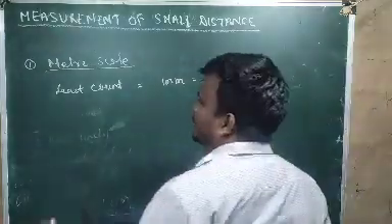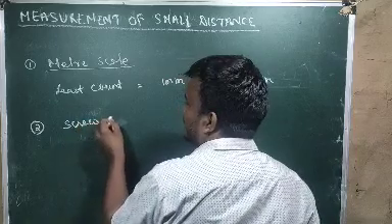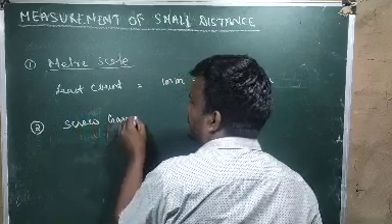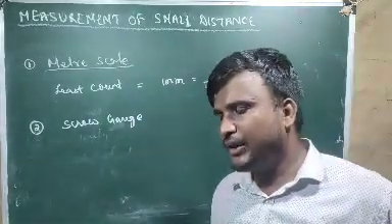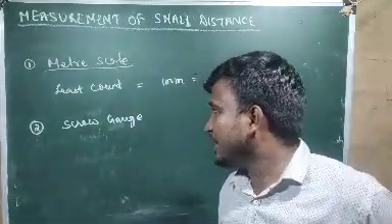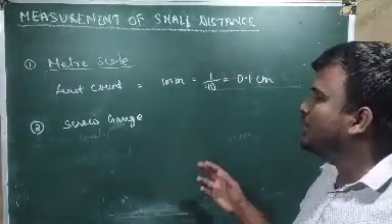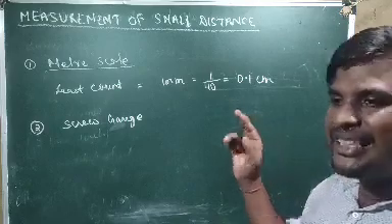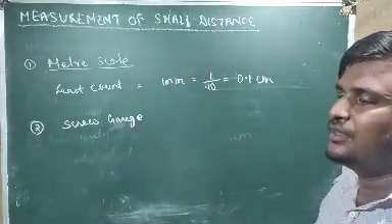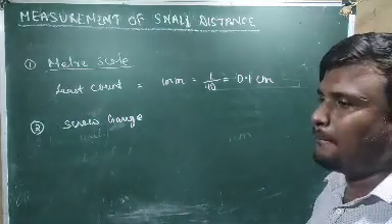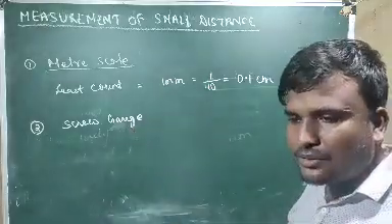Which instrument will you use? You will use either a screw gauge or a vernier caliper. If 1 millimeter is divided into 10 parts, then each part can be measured by using a screw gauge.